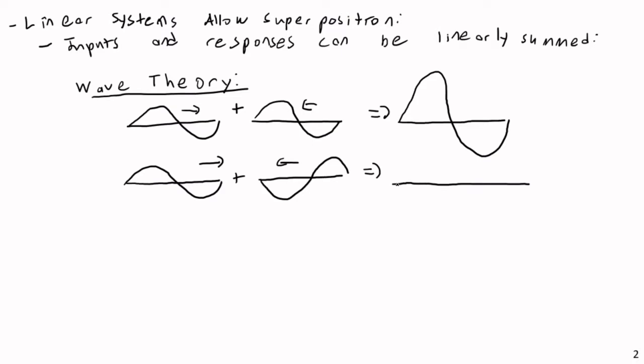It's just going to be a zero height wave right at the middle, or approximately zero, because this peak is going to cancel out this trough, and this trough is going to cancel out this peak. That is destructive interference. This is constructive interference, and destructive interference.